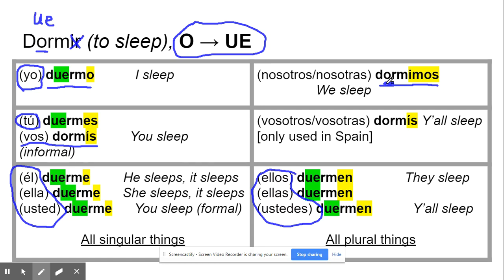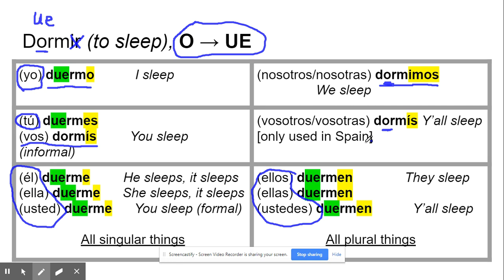Dormimos is we sleep. Then we have the vosotros and vosotras form. We have dormís. Again, no stem change here. It just stays O. You never change the stem in vosotros, nosotros, or vos form. So dormís means y'all sleep. It just so happens that the vosotros form and the vos form is the same for IR verbs.